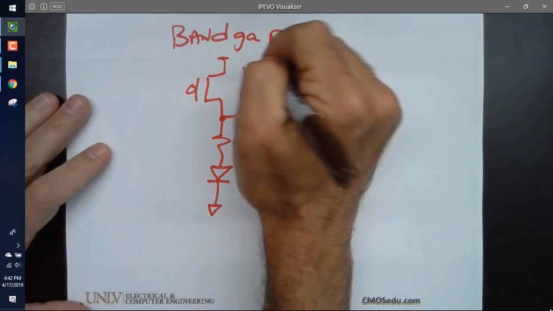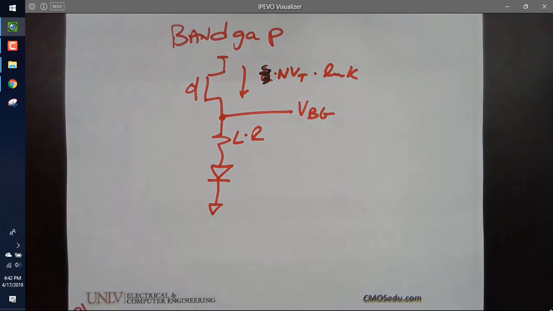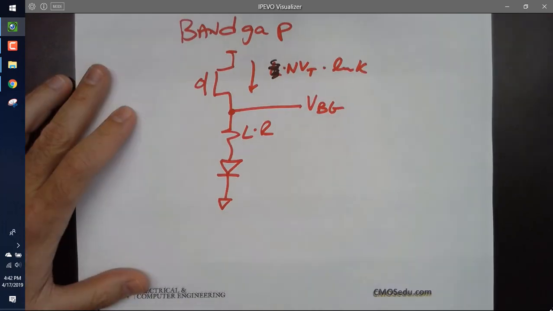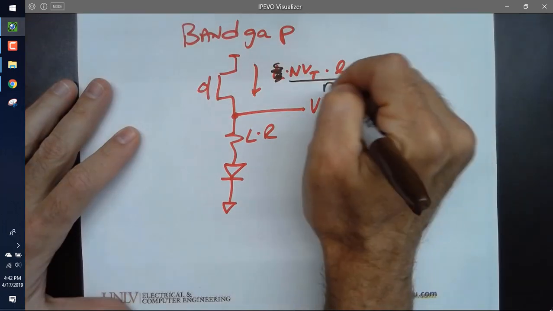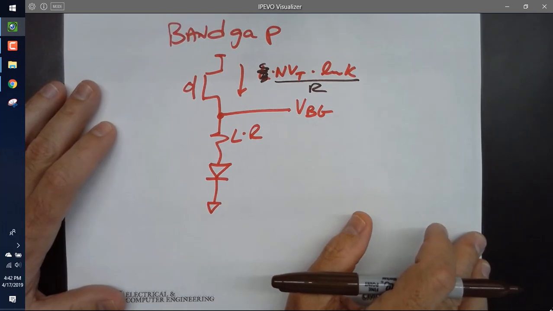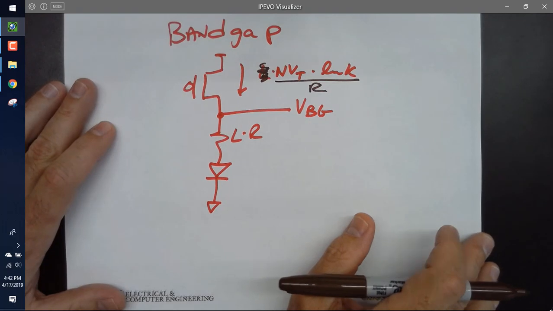Whoops, this L isn't in here yet. This is, whoops, it's NVT natural log of K over R. Like this. All right, looking good? So now what is the band gap voltage equal to?